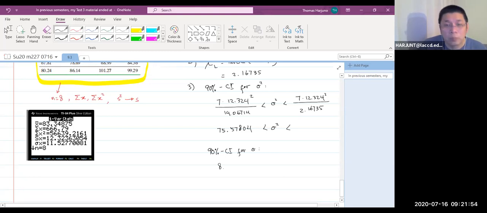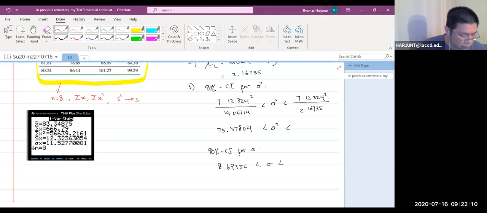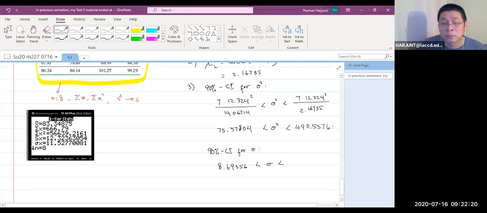I get 8.69356 less than sigma less than 7 times 12.324 squared over 2.16735, and applying square root from there, I get 0.2 and 809.